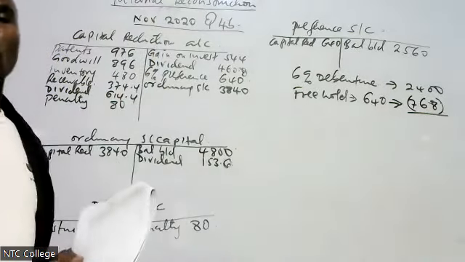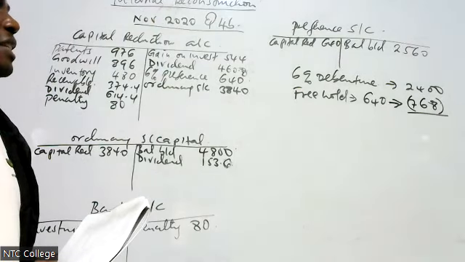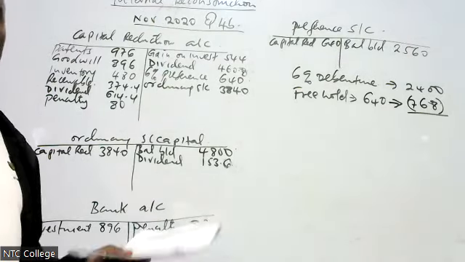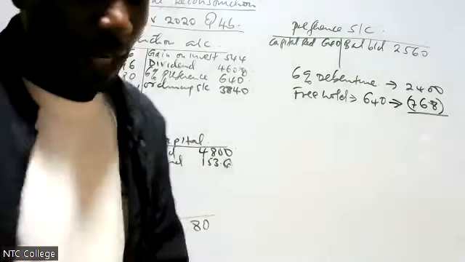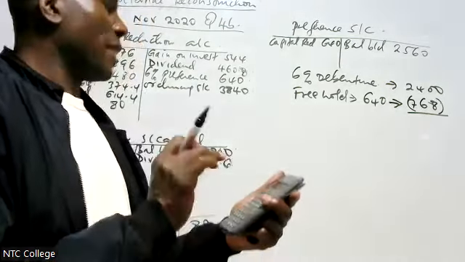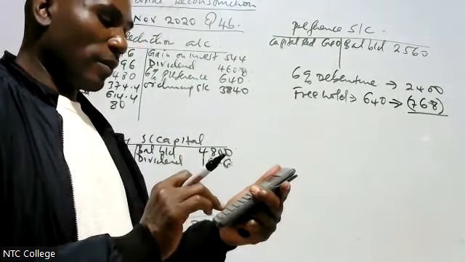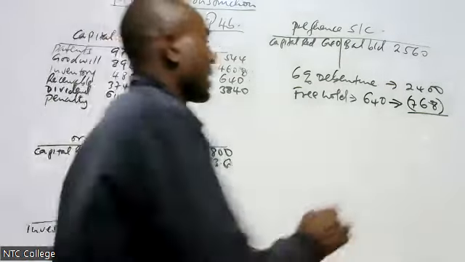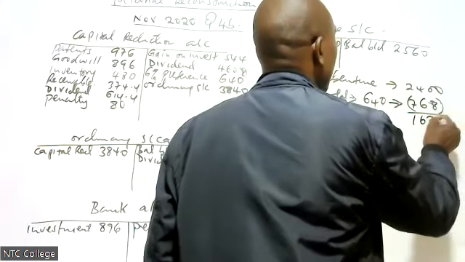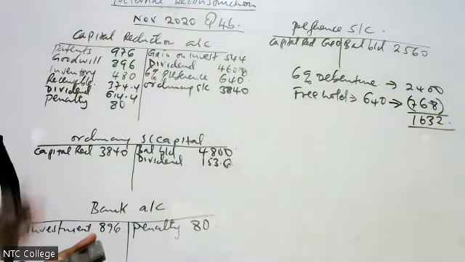Therefore, we are revaluing the freehold that we are giving the debenture holders. How much is the loan that will remain? It is 2,400 minus 768. I'm getting 1632. That is the value of the loan that will remain.